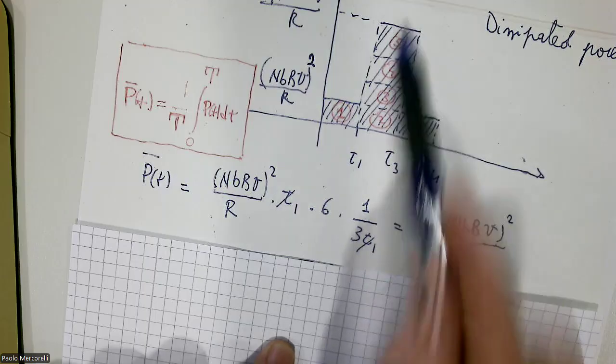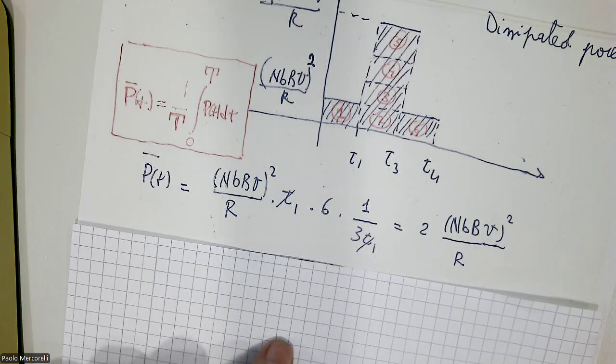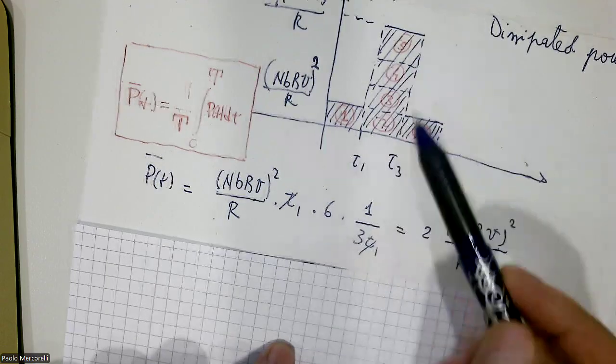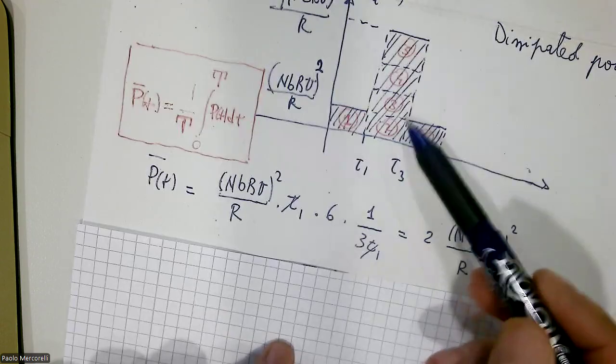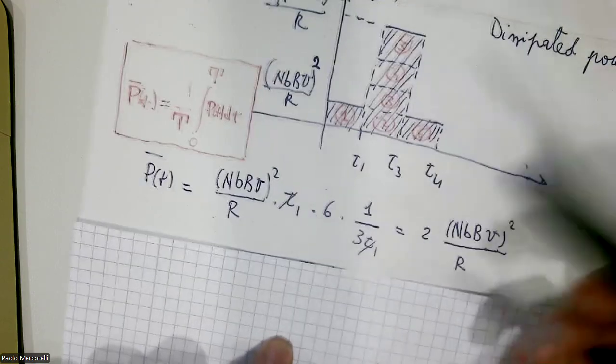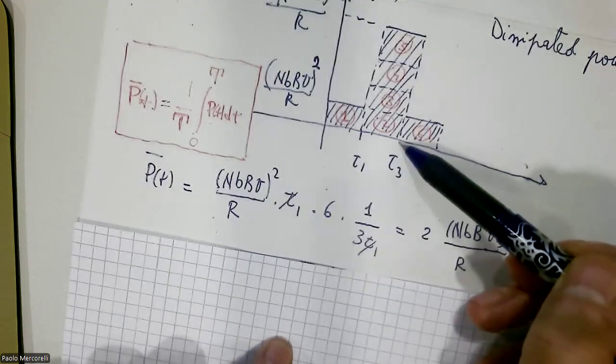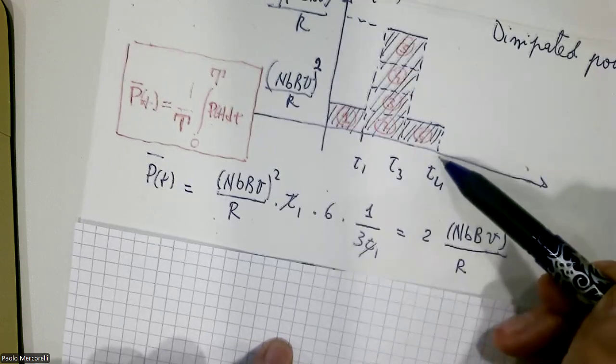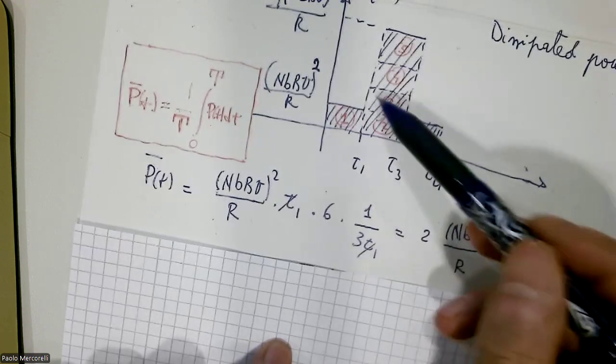But if you look here, I was clever, let me say, to divide the whole surface into 6 surfaces. They are all equal. You can believe me intuitively. If you want, I can calculate, but it's visible. Because t3 minus t1 is equal to t1, t4 minus t3 is equal to t1.